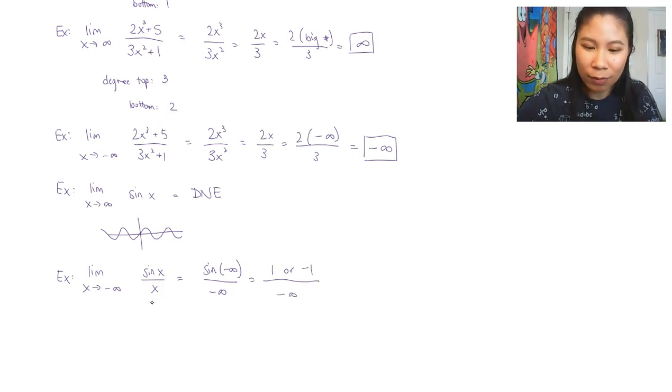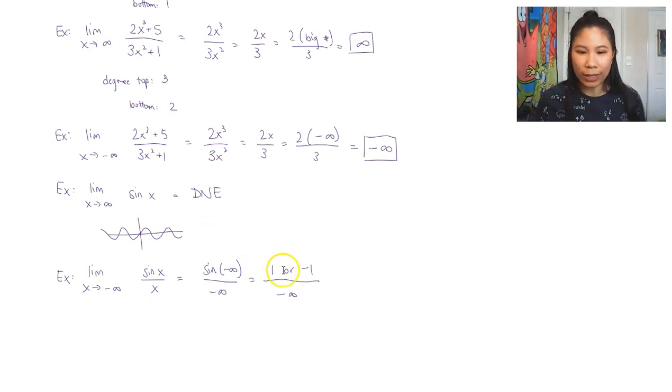But then we have negative infinity on the bottom of the fraction. So on top, I've got some number, 1 or negative 1, but on the bottom we have a really big number that's just negative.